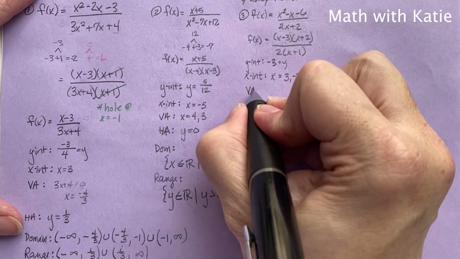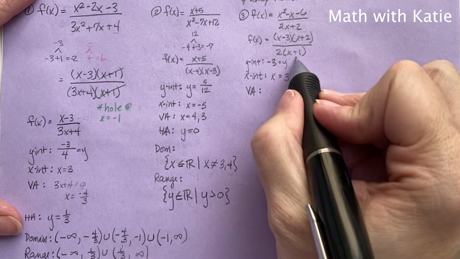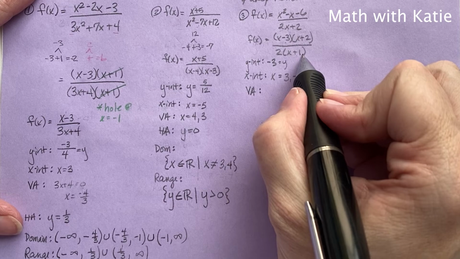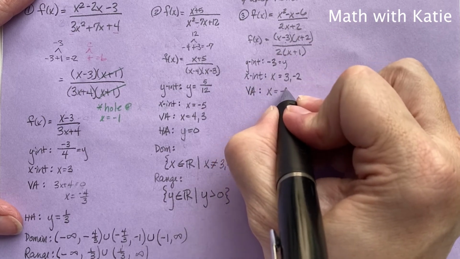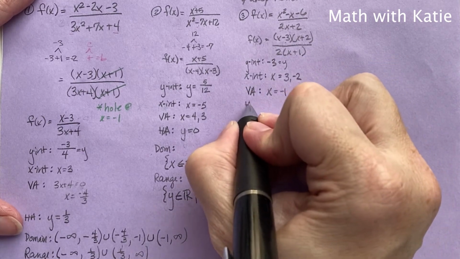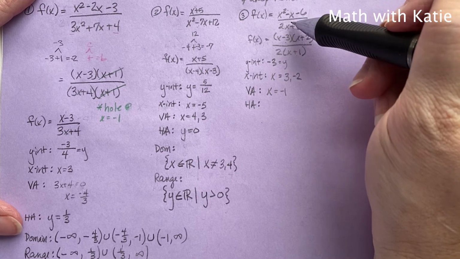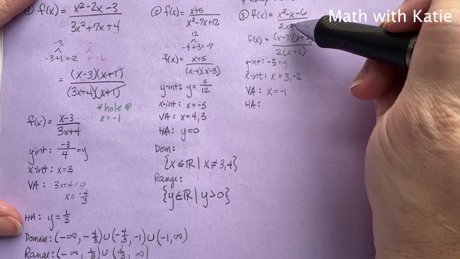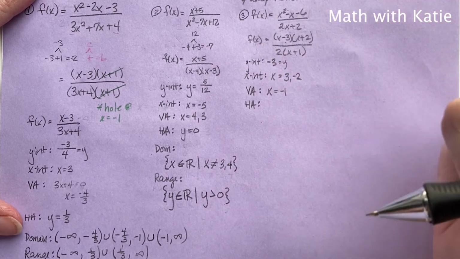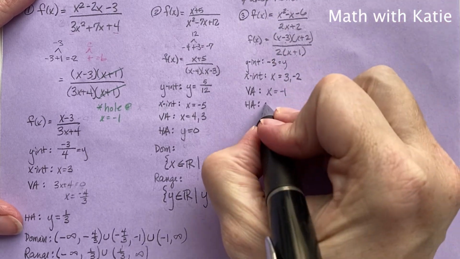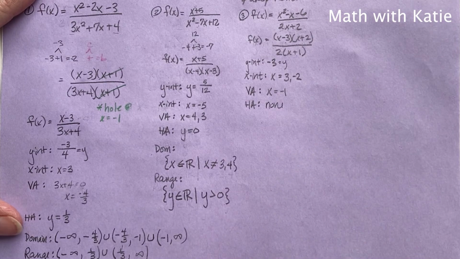Vertical asymptote. Look at the zeros of the denominator, so that'll be x equals -1. Horizontal asymptote. All right, the degree of our numerator is greater than the degree of our denominator, so we don't have a horizontal asymptote, but now we need to check for an oblique, okay?